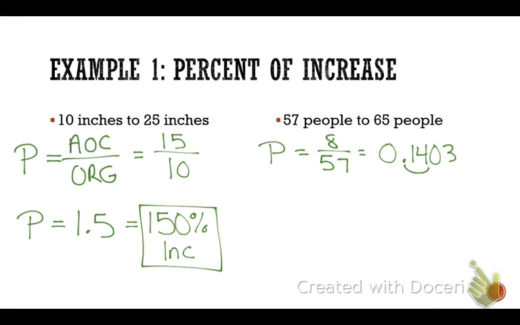No. So when I change it to a percent, it becomes just 14.0 or just 14%. Now, because I rounded, I'm going to use the little approximation symbol. Approximately a 14% increase because I rounded that decimal. So anytime you round your answer, just do the approximation, which is a squiggly equal sign.